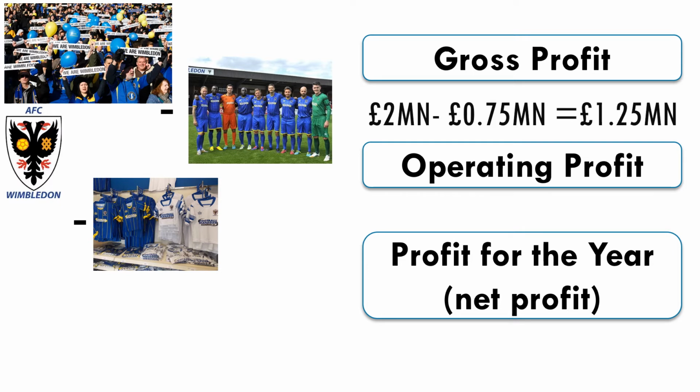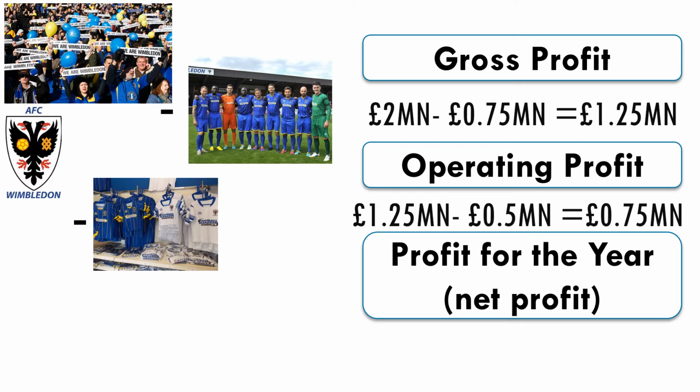So let's imagine that the indirect costs are £500,000, and therefore our operating profit would be the gross profit of 1.25 million, take off our extra indirect costs that we require to run the business to give us an operating profit of 0.75 million. So this is the profit the business would make from just running its normal operations.